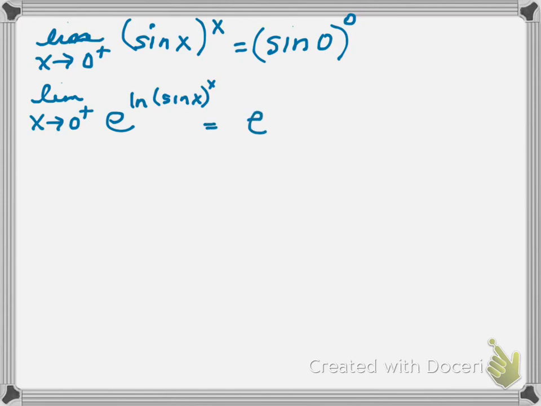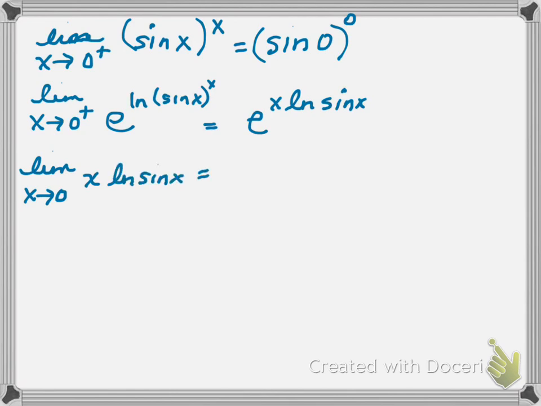So if I do that, I'm going to have x ln sine x. And so now, once again, I'm going to ignore this e and just bring it back whenever I do my answer. So now I'm ready to plug in 0 and see what happens. If I plug in 0 to this, what will I get? I will have 0 times ln of 0.